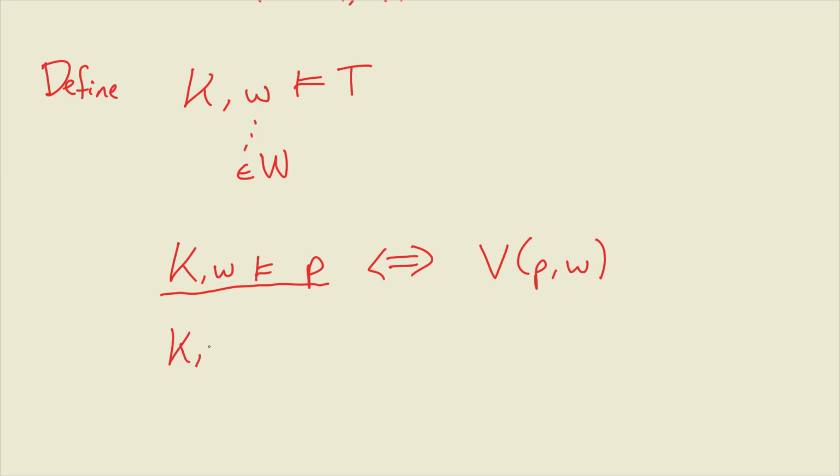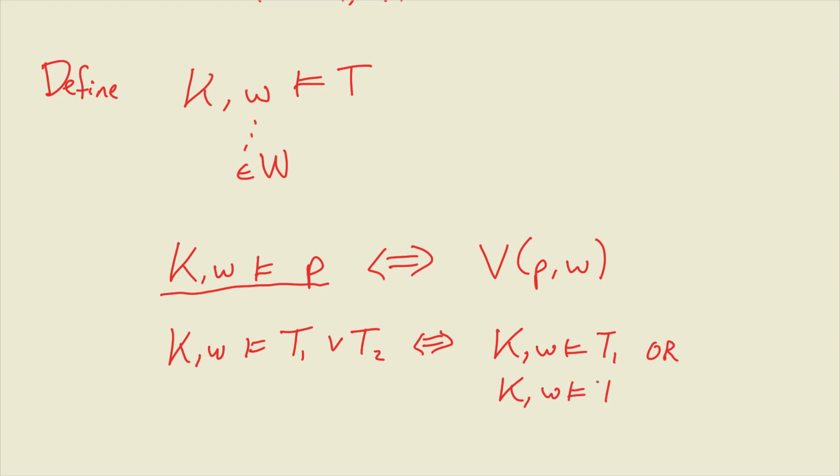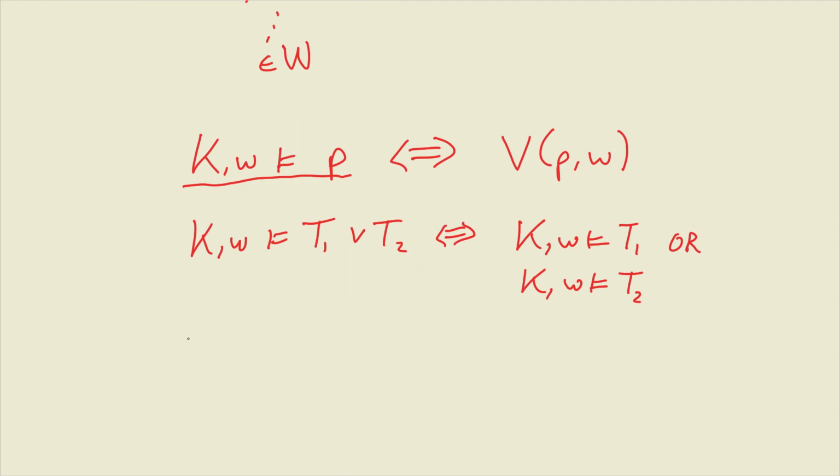Okay, so that's that. We have a couple of really easy cases, and I'm going to rush a little bit because I've got a meeting in like 3 minutes. So T1 or T2 just devolves into the meta-level or. If T1 is true, or if T2 is true, then we return Boolean true. And it's the same kind of way for conjunction. So all this is not very exciting or interesting.